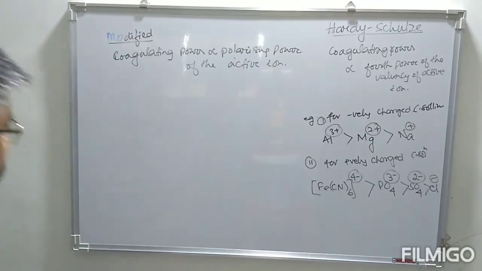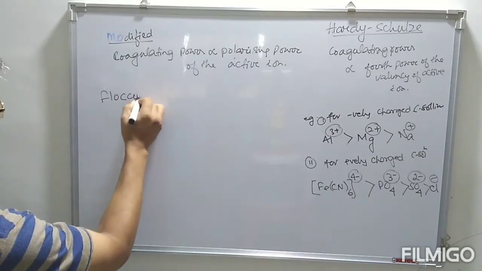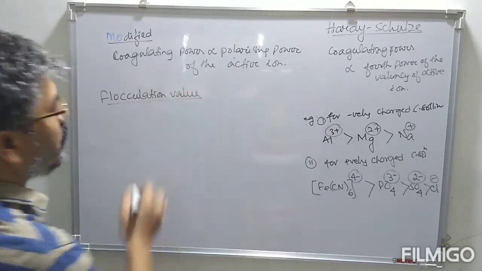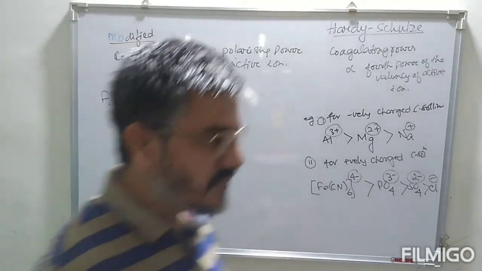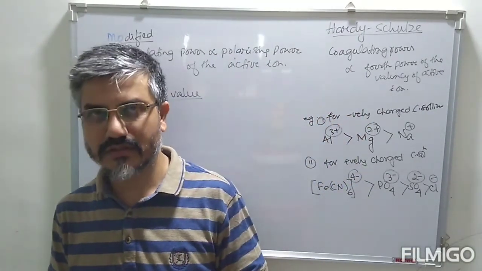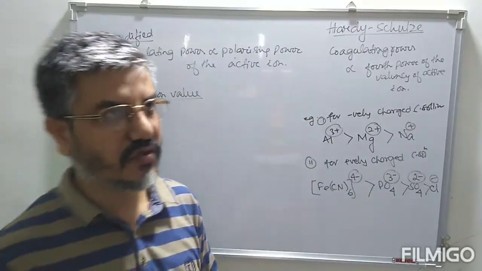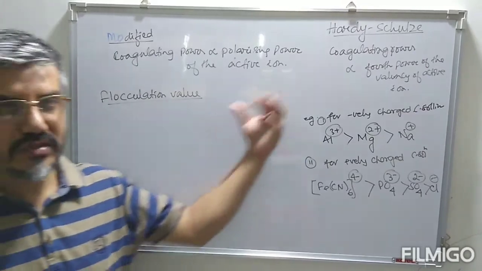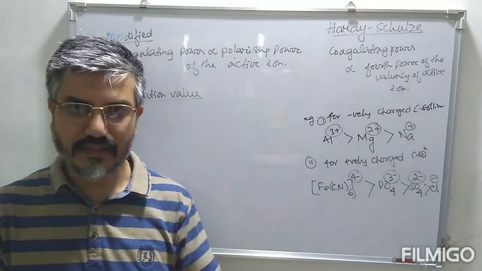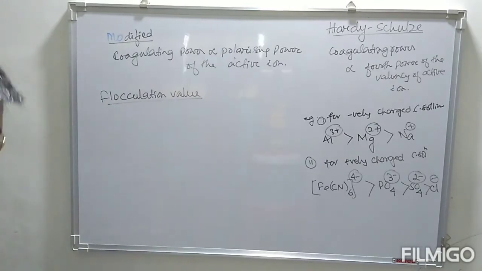This is also defined in terms of a value which is known as the flocculation value or coagulation value. The flocculation value or coagulation value is the minimum concentration, expressed in millimoles per liter, of the electrolyte required to cause coagulation. So that minimum concentration of electrolyte required for coagulation of a given colloidal solution is known as the flocculation value.